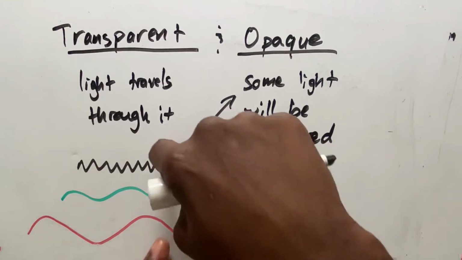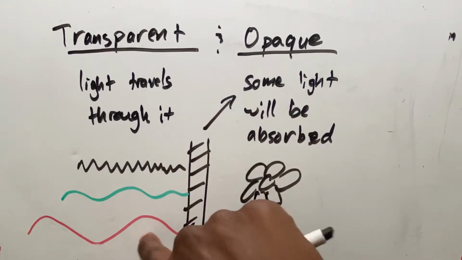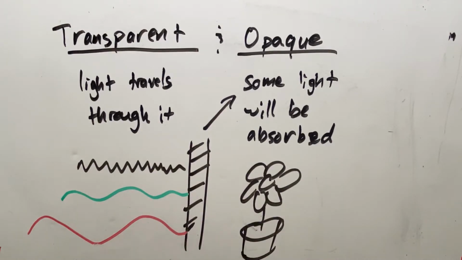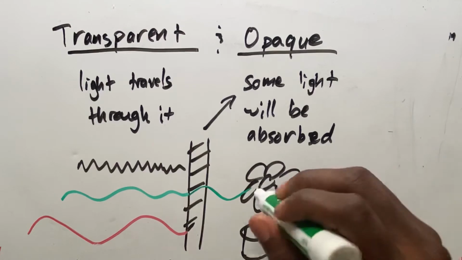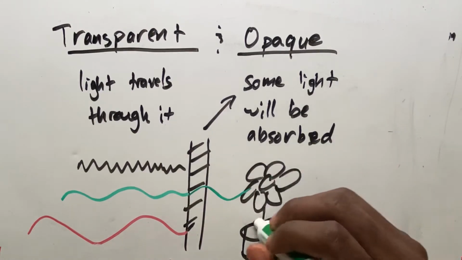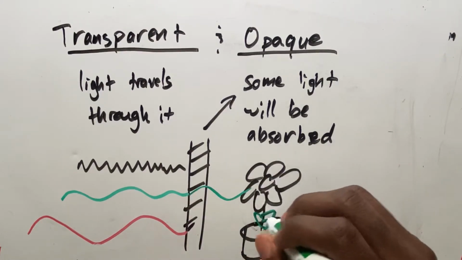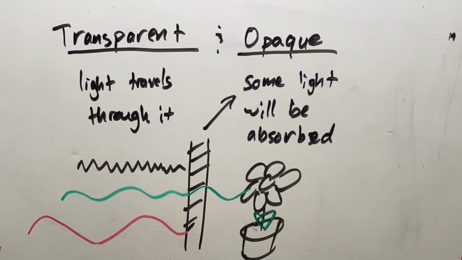So it's going to block out the ultraviolet light and block out the infrared light and only allow the visible light to come in and, you know, make the plant happy. All right, so that's basically the difference between transparent and opaque material.